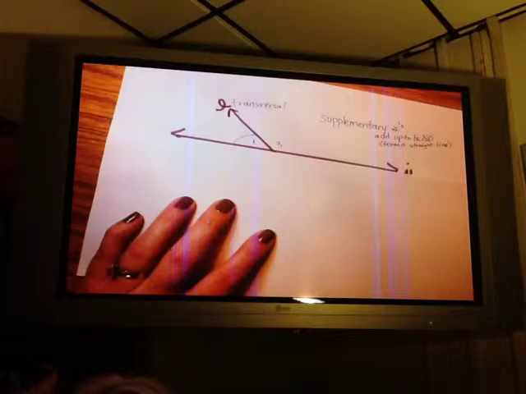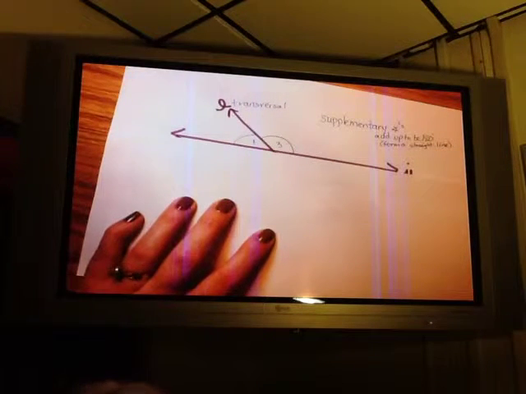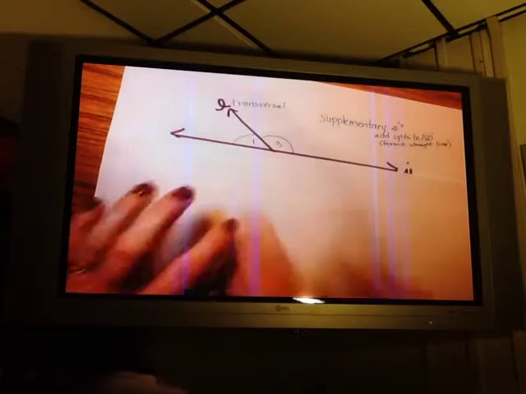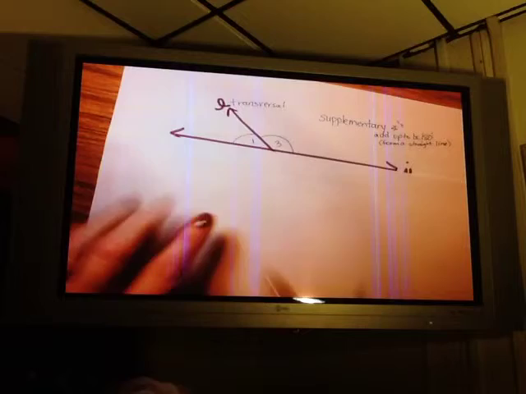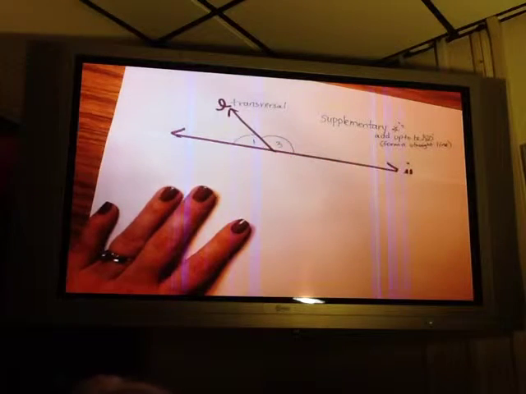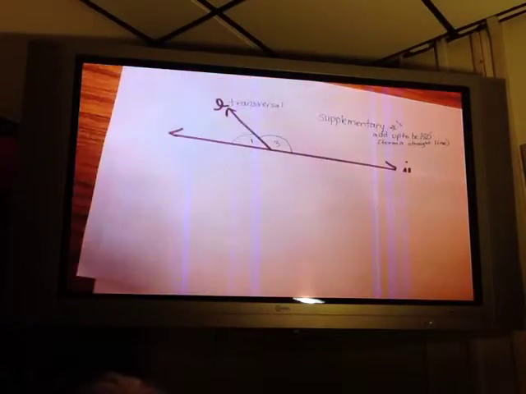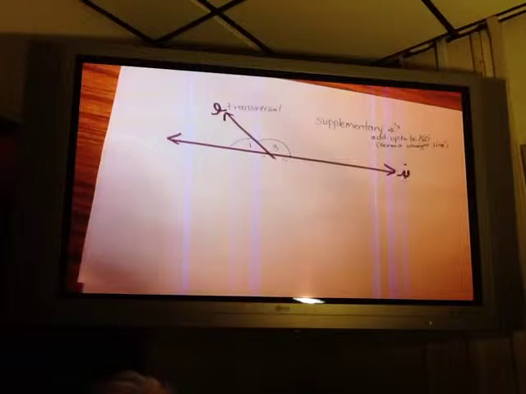What do we call small ones? Acute, small, less than 90. This one would be called obtuse. And when they are adjacent to one another, means side by side, we'll go over that word too, and they form this straight line, they are said to be supplementary. Anytime this one and this one add up to be 180 degrees and they form a line, it's said to be supplementary angles.